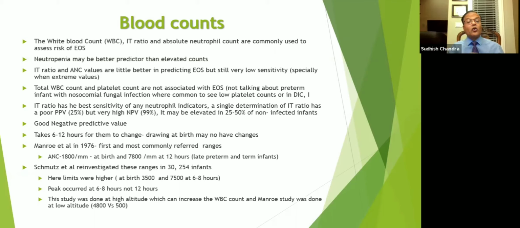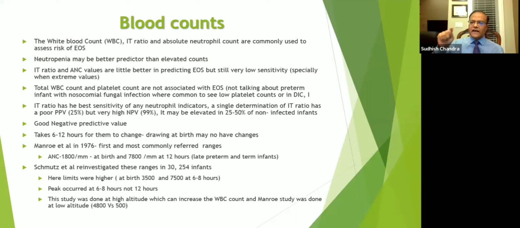So in Monroe, the lower ANC at birth was 1800 and at 12 hours was 7800. The other guys, they had the limit higher. Say like at birth, it was more like 3500 and at 6 to 8 hours, it was 7500. And according to them, if you see the peak when they plotted, it went up like this and came down.